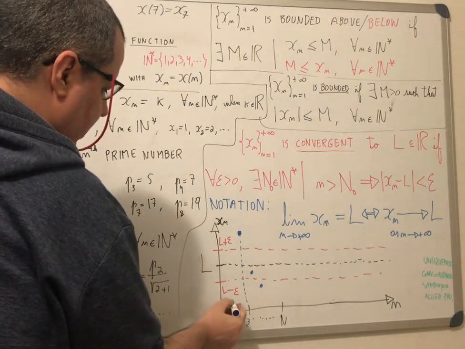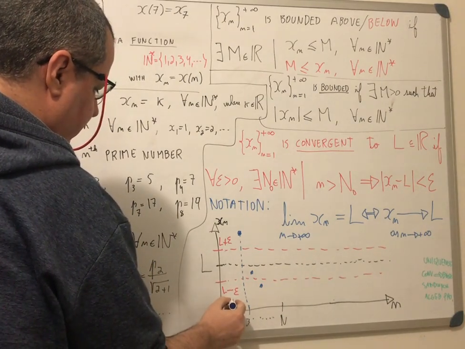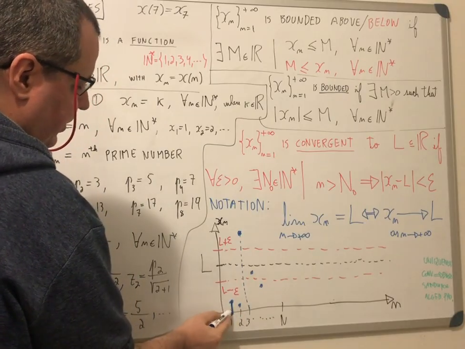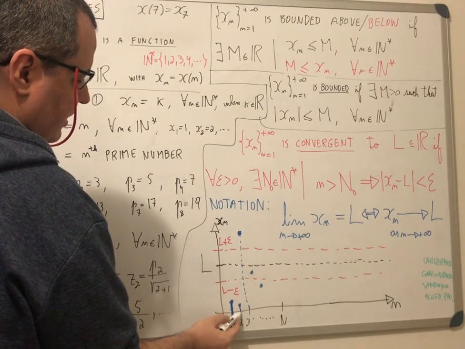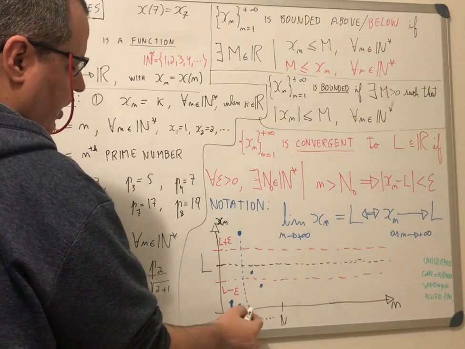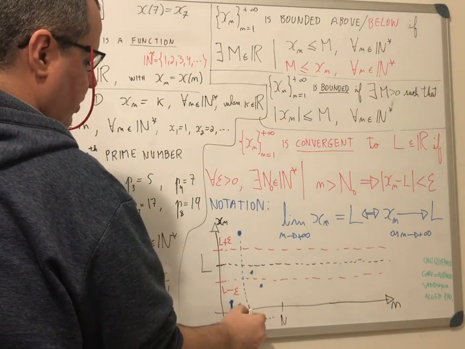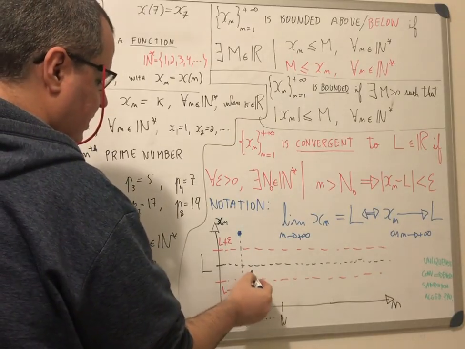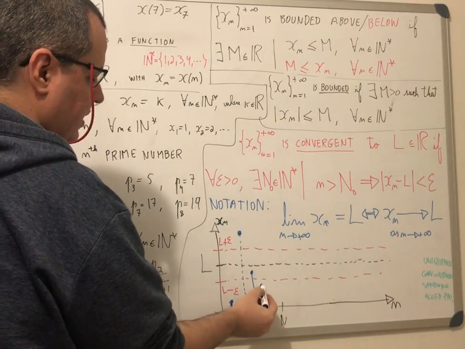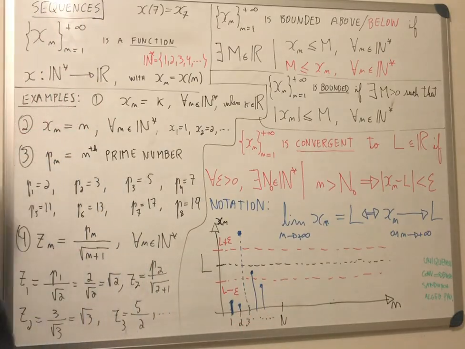The value of x1 is this. This little distance is x2, could be negative as well. This big distance here is x3. This height here is x4. This height here is x5, and so on and so forth.